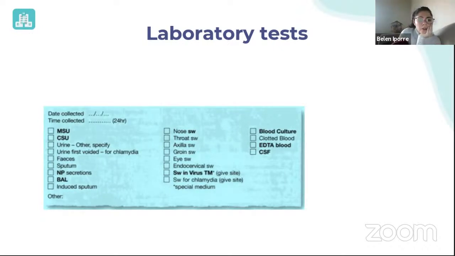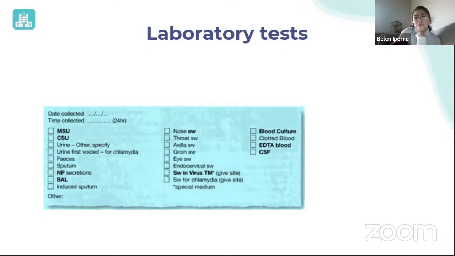Urine, that is common, just the urine, the other specified, that one, I think. The feces, the blood culture, I think that it's like a hemogram, right? Yeah, that's right.